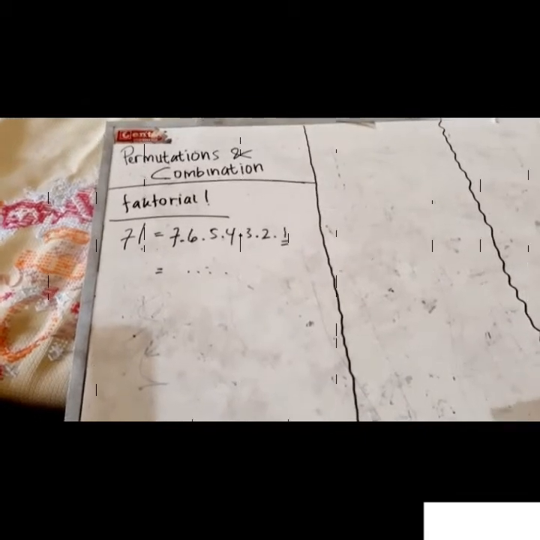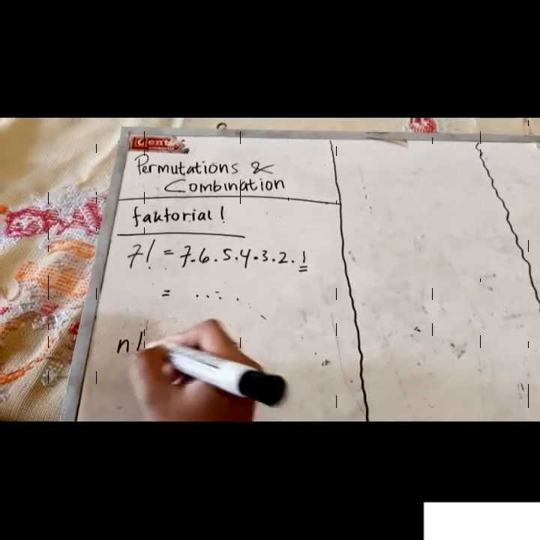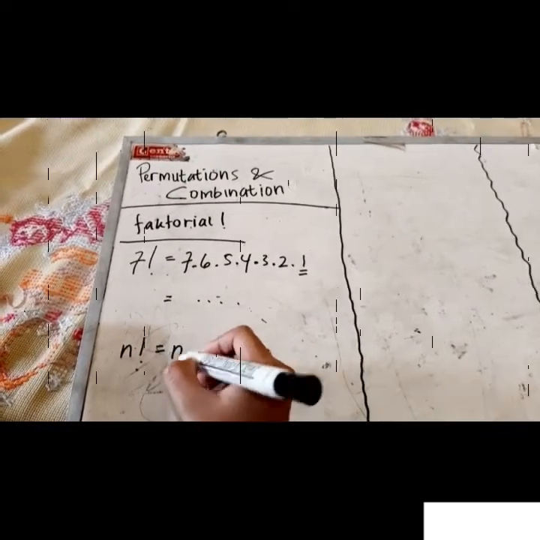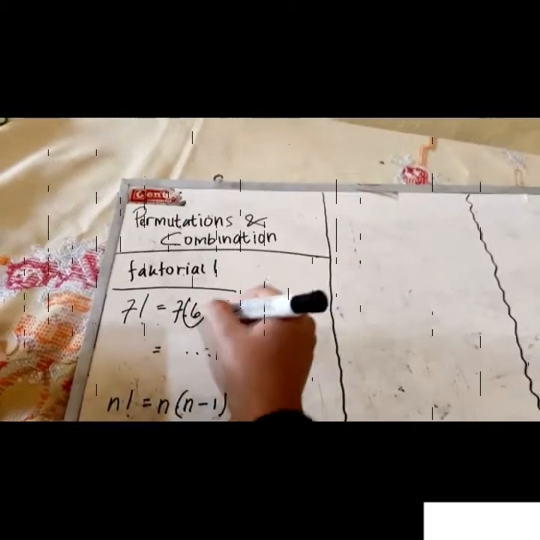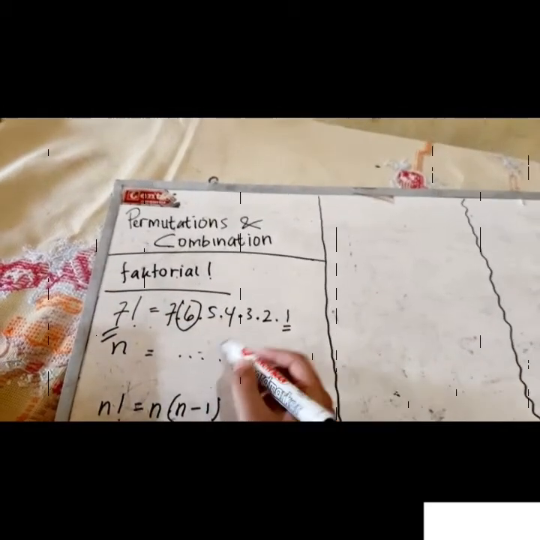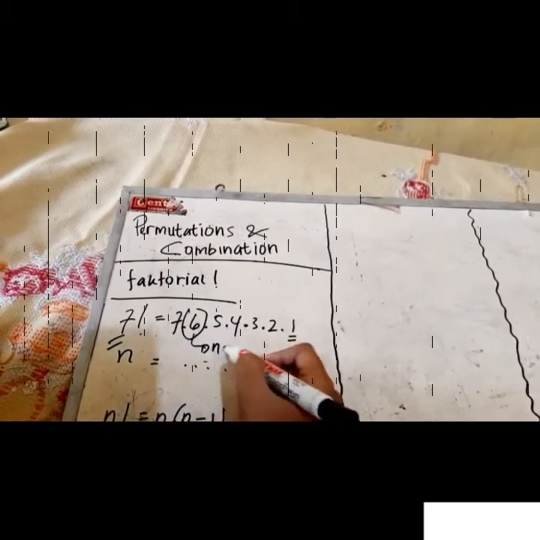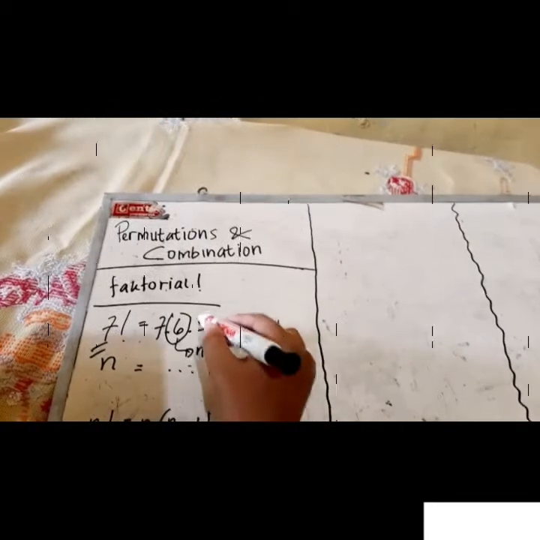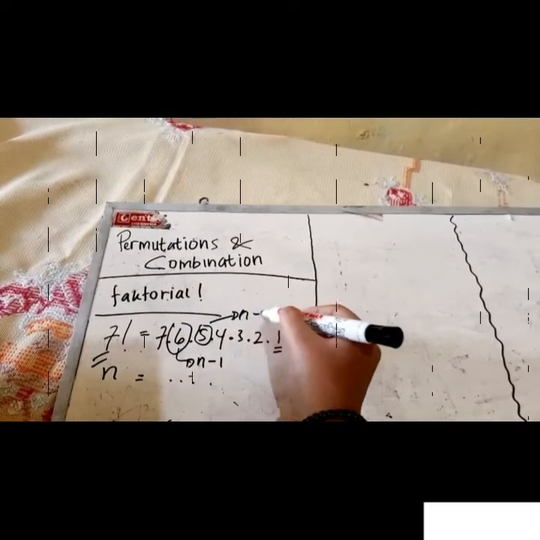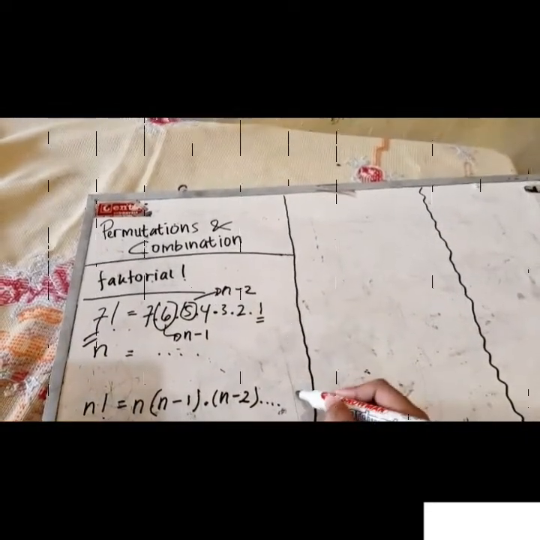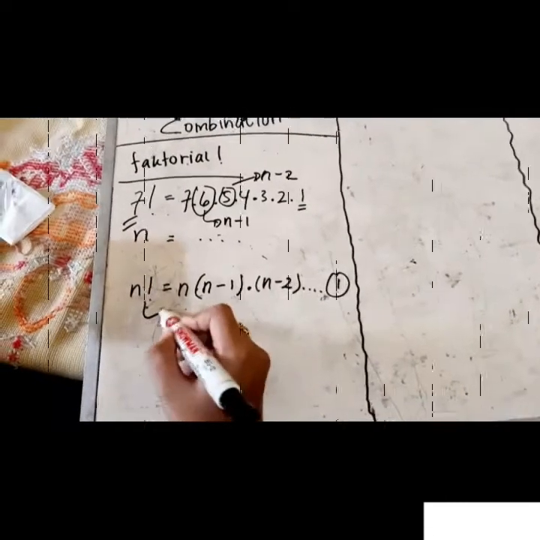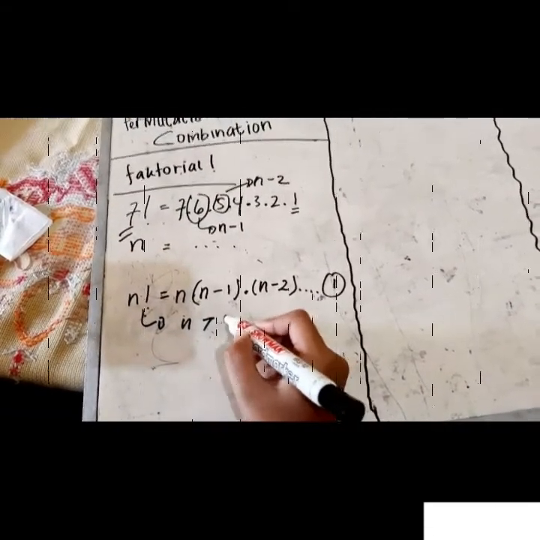In mathematics, factorial is n factorial, meaning n times (n minus 1) times (n minus 2), until 1, with n greater than 0.